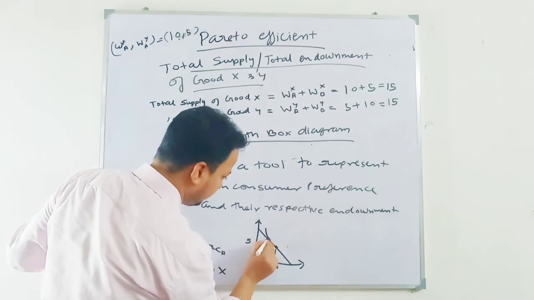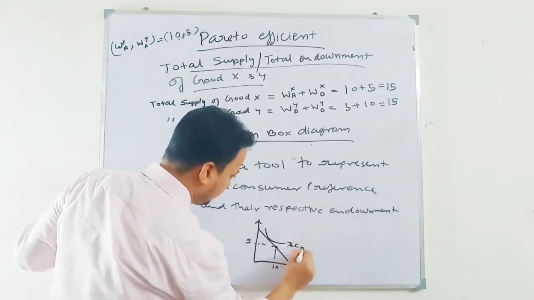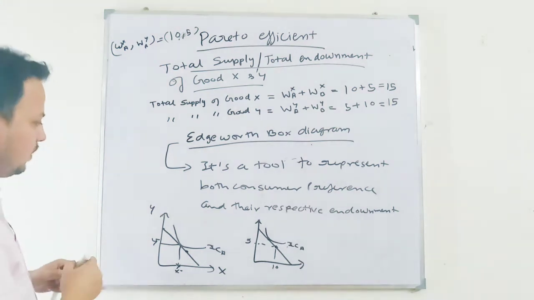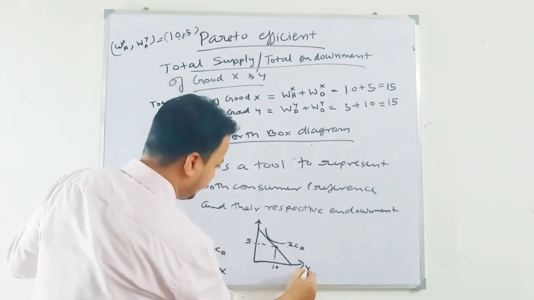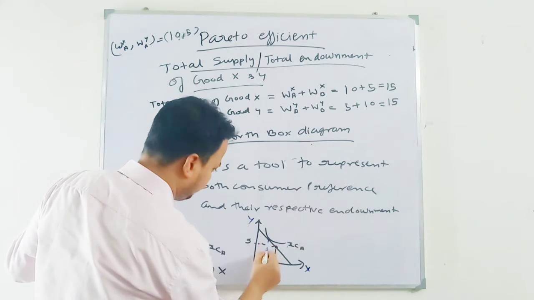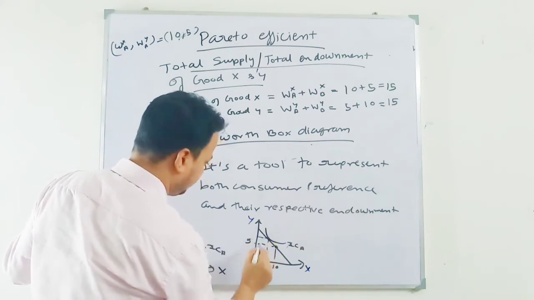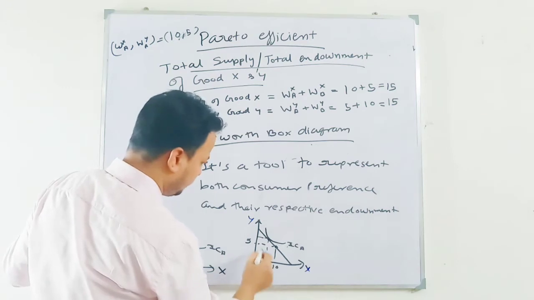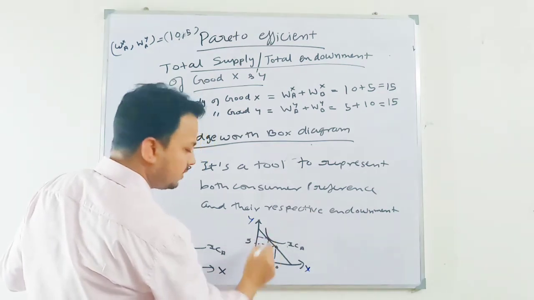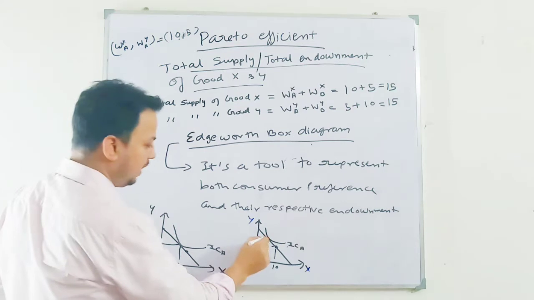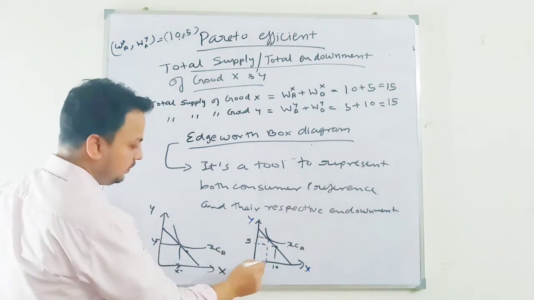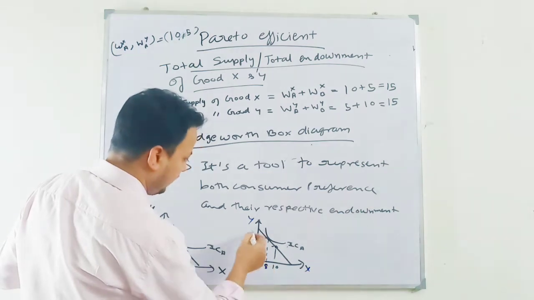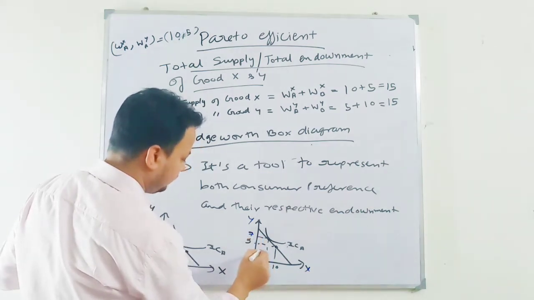This is the preference of my consumer A, and this is X and this is Y. From the preference I will know the demand that consumer A has. Suppose this is 8 and this is 7.